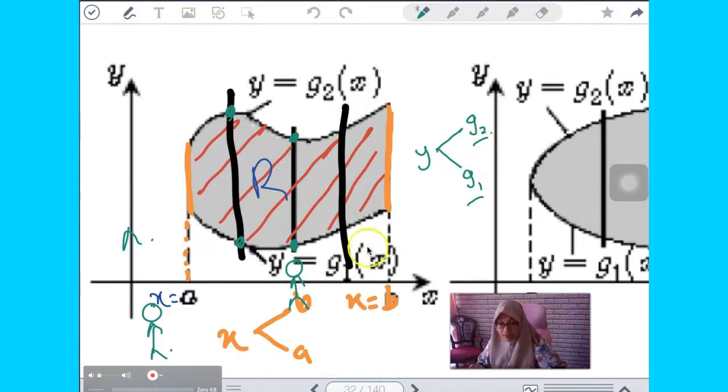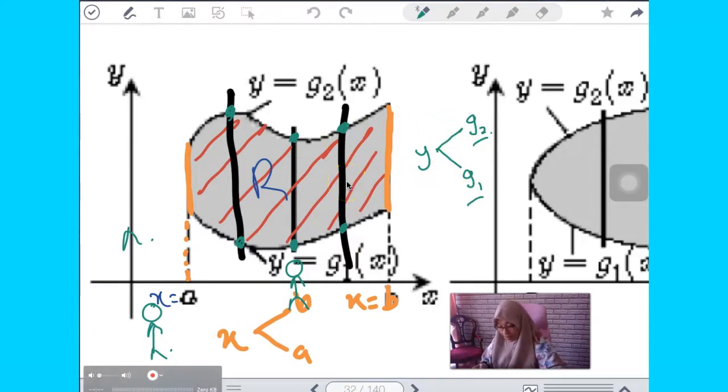Similarly, using this line, we also have the same case, where your first point, your minimum value of y, is the smallest y, which also belongs to g1. Then it keeps increasing, and the highest value of y is here, also part of g2.